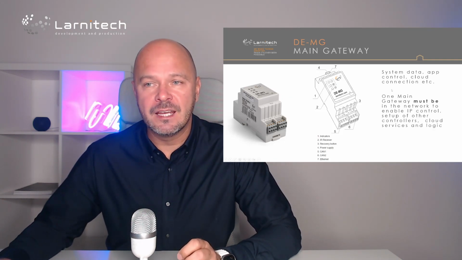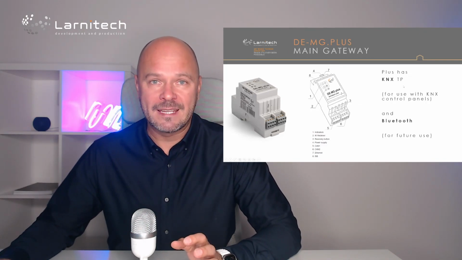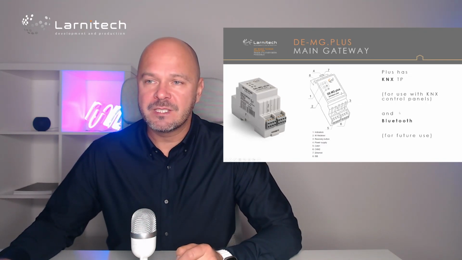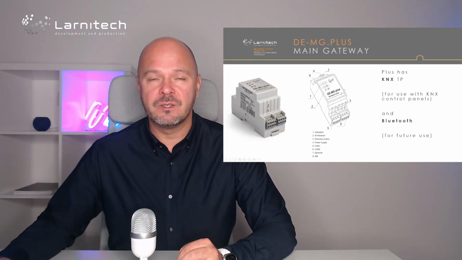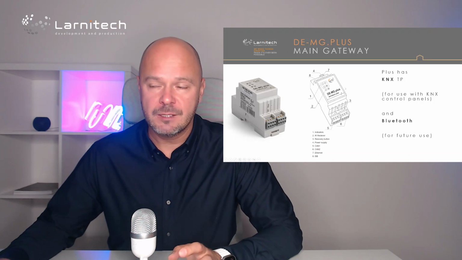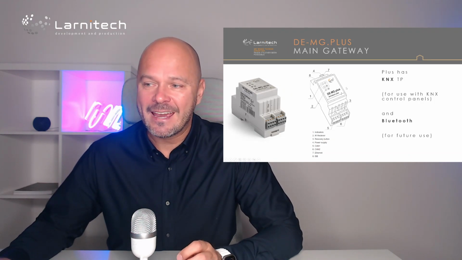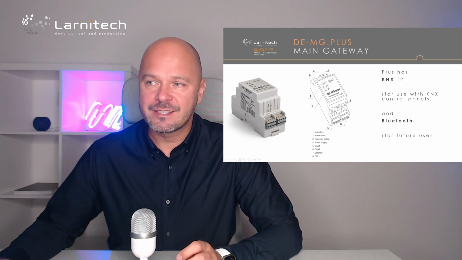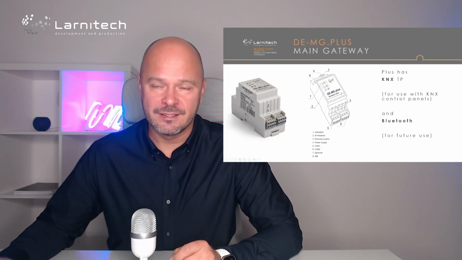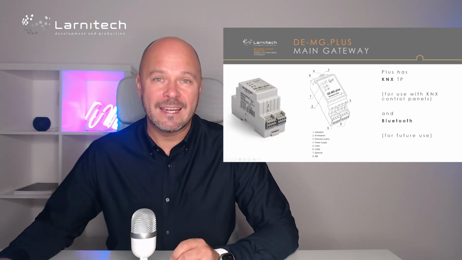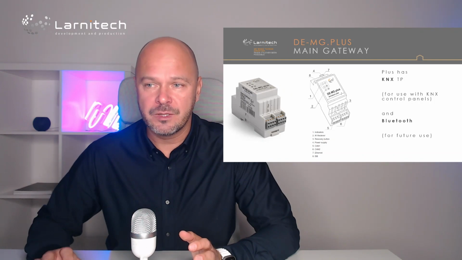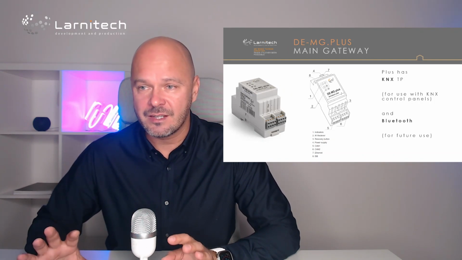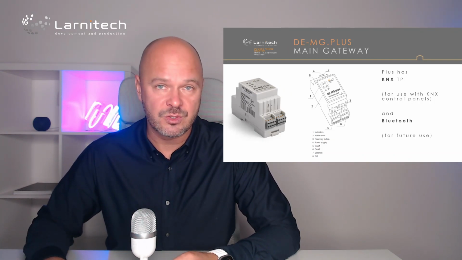And then we have another version of the main gateway, which is named DMG Plus. Its difference from the normal DMG is that it has a KNX connection, KNX TP connection. So you can connect to a KNX bus line if you want to use KNX control panels. And KNX control panels, as we probably understand, are very widely used.